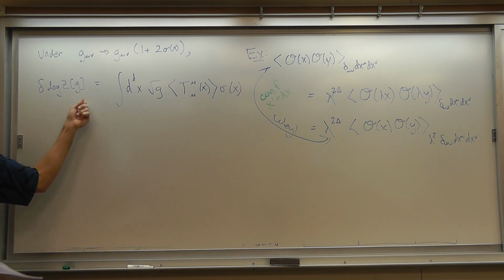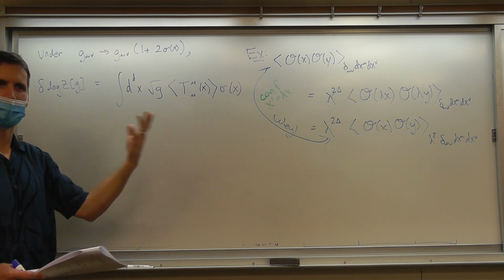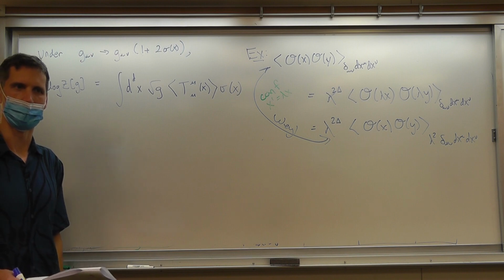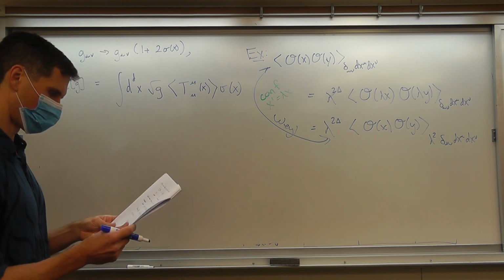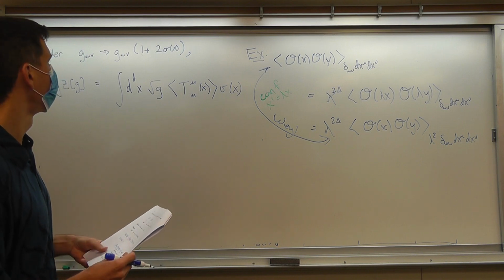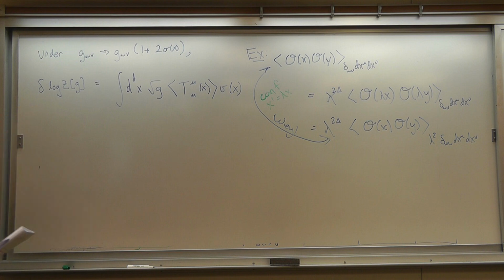This is just the empty partition function. But we can repeat this argument with some operators inserted and get the Weyl transformation law. What does that say after the delta? Log Z. Log Z.